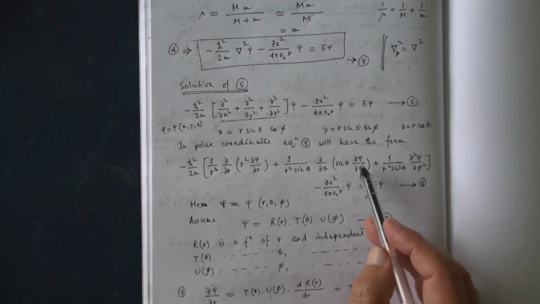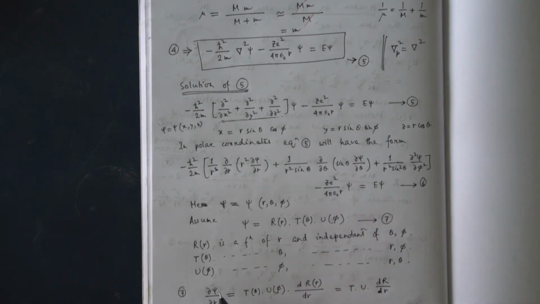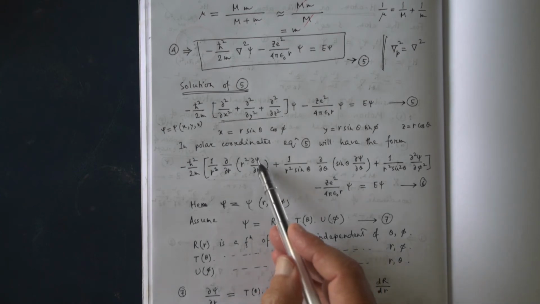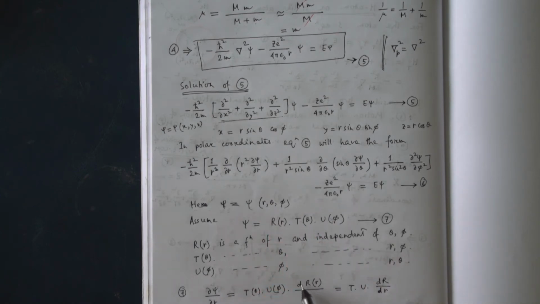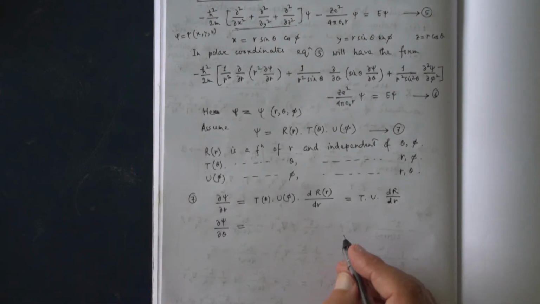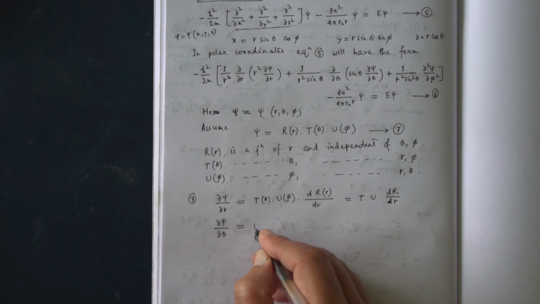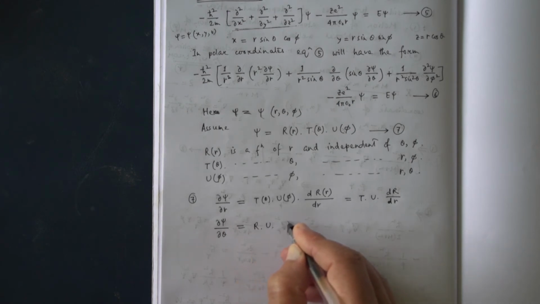Similarly, we have del psi del theta. You notice here we have partial differentiation, but here I am not writing partial differentiation because we are having only one variable, since we are differentiating with respect to r and the others are constant. Similarly, del psi del theta can be written as R U dT d theta.